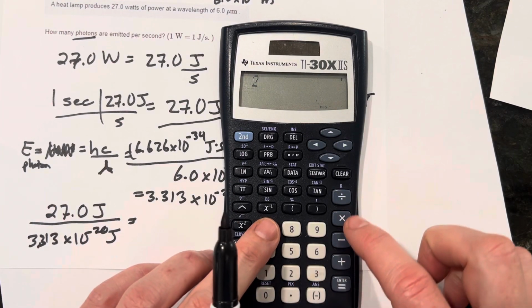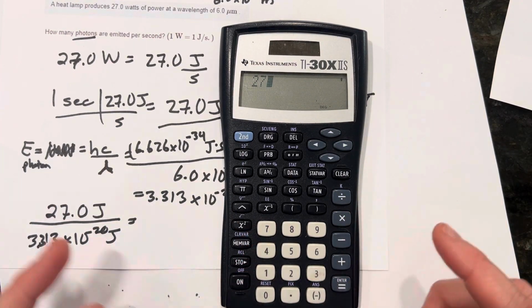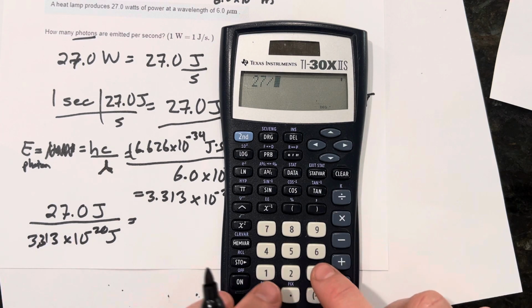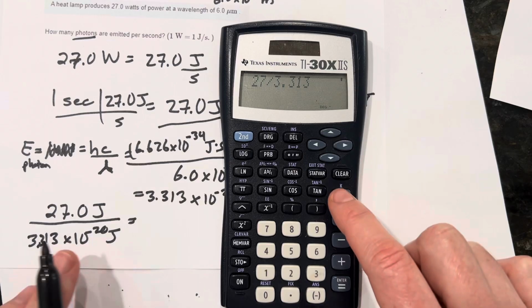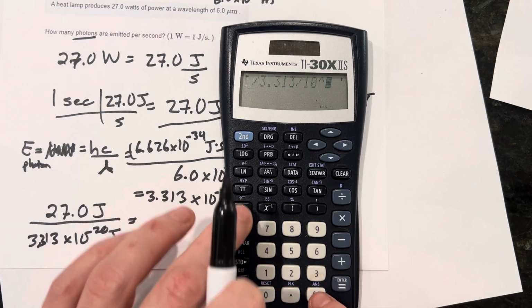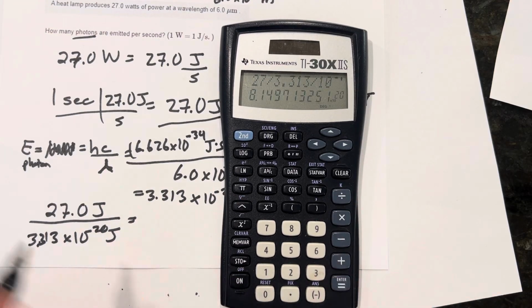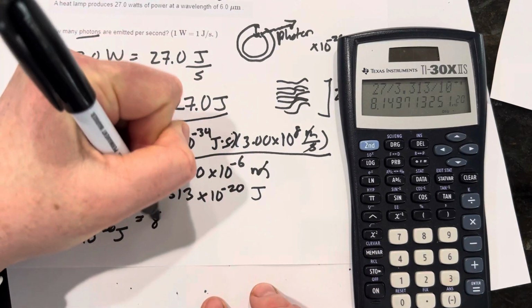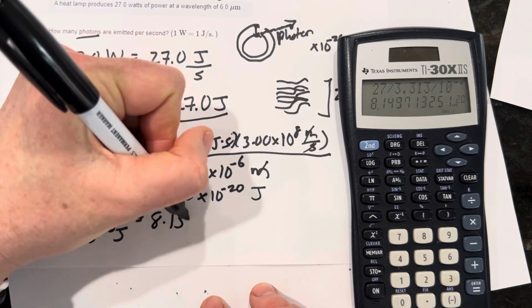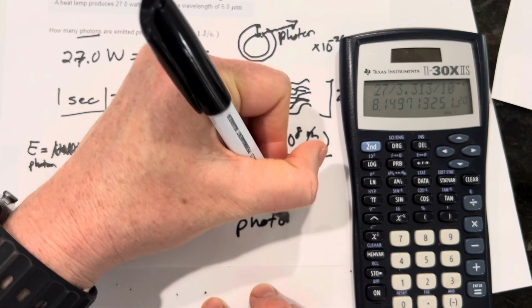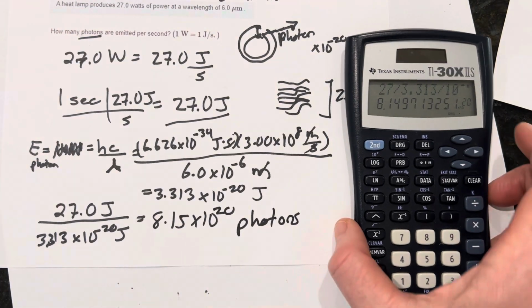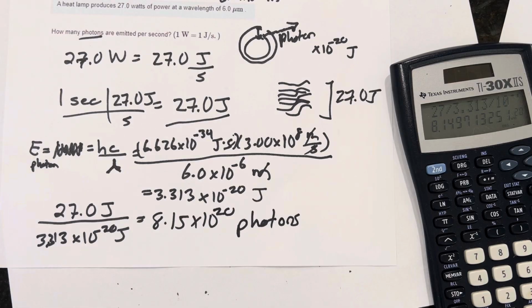So I'm going to take 27, divide by 3.313, and divide it by 10 to the negative 20. That will give me my answer. It's a big number, which we expected, 8.15 times 10 to the positive 20 photons. I hope that made some sense.